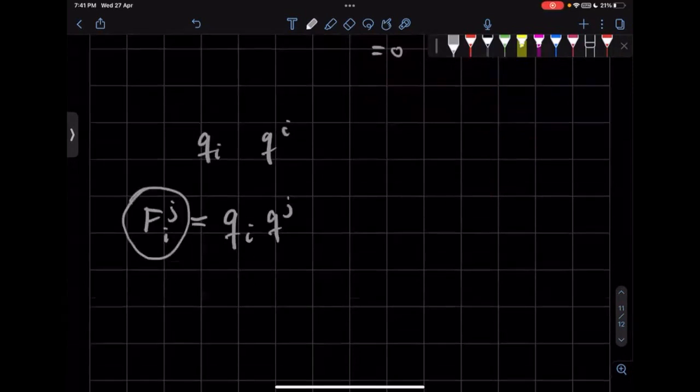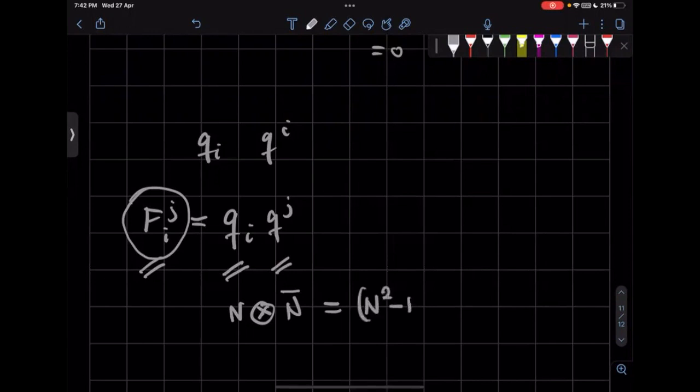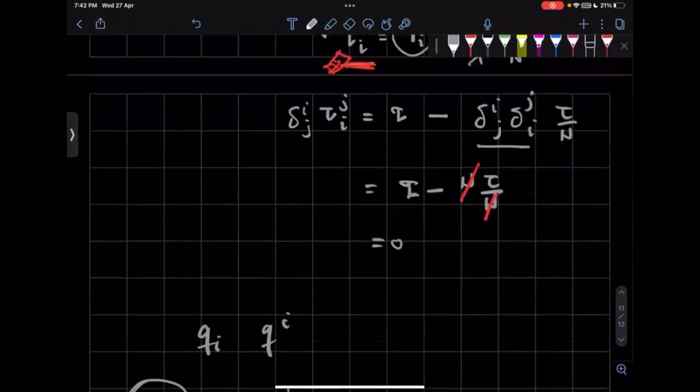This is a new representation, but although this is irreducible, this guy isn't. So if we take n tensor n, we will get a scalar part and a part which is n squared minus 1, plus 1. This is how this will decompose, and this is exactly the construction I've given.